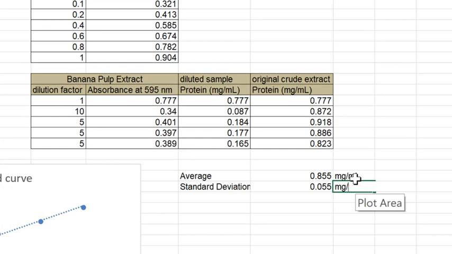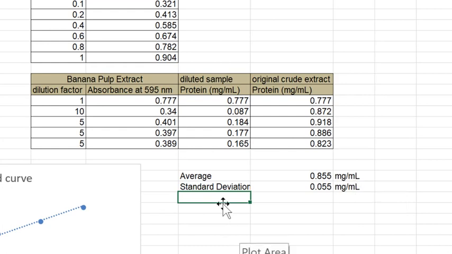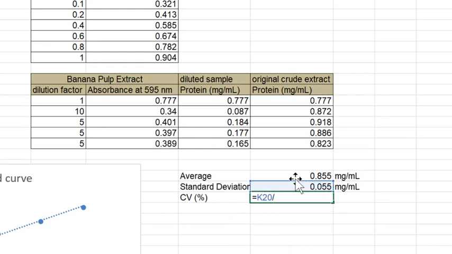It can be informative to form a ratio between the standard deviation and the average, and that ratio is called the coefficient of variation, or CV value, and it's typically given in percent.